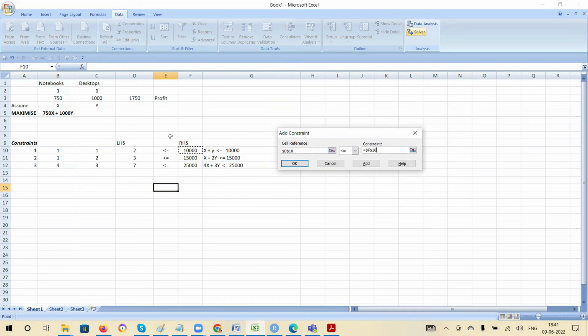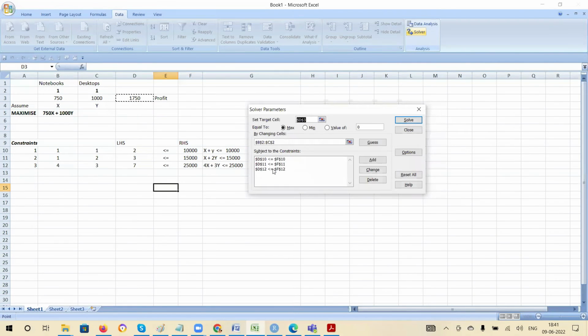So this becomes the constraint: D10 is less than or equal to F10. Okay, we have to add one more, the third one. D11 has to be less than or equal to F11. Then we have to add one more, which is D12, should be less than or equal to F12. You say okay. All three constraints got added.